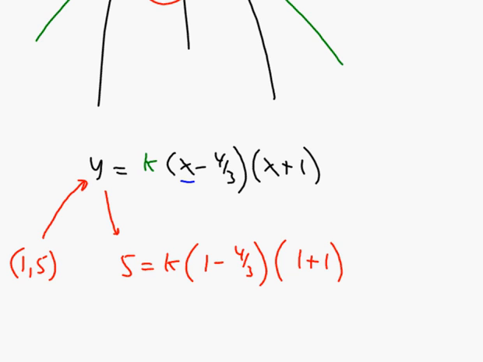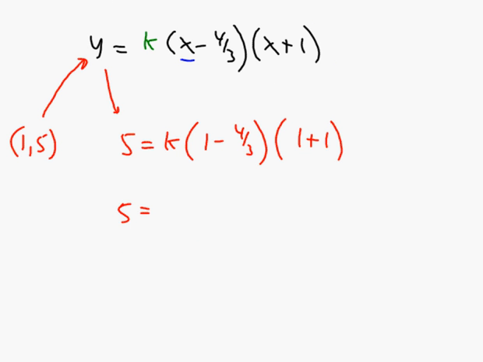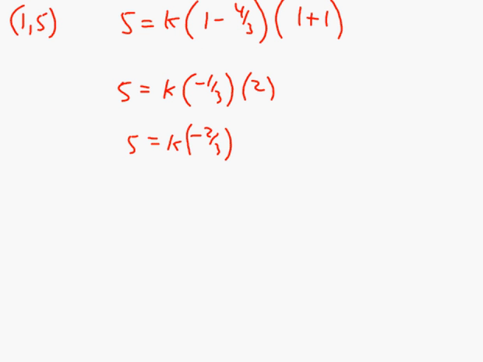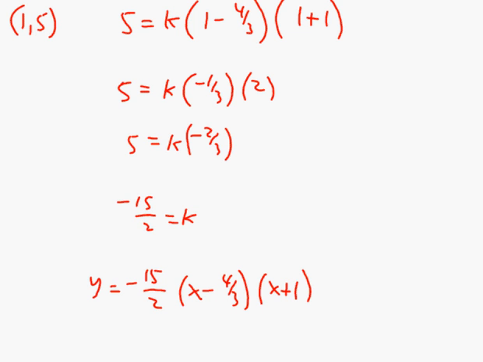So let's finish this up. 5 equals k times -1/3 times 2, or 5 equals k times -2/3. So multiply by the reciprocal, and we get -15/2 equals k. So our parabola is y equals -15/2 times (x minus 4/3) times (x plus 1).